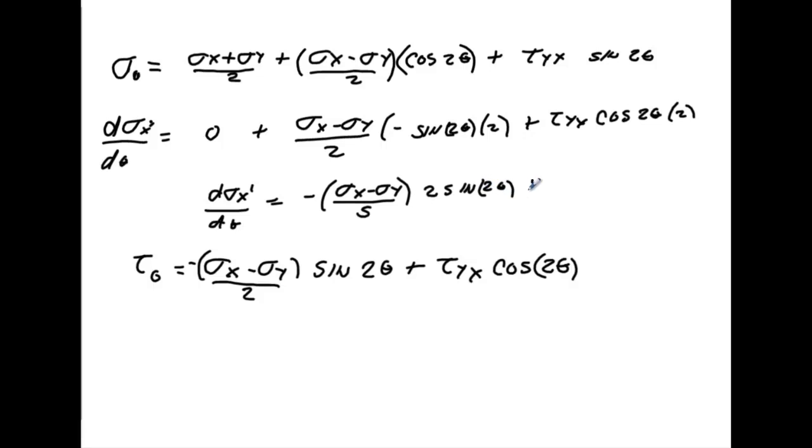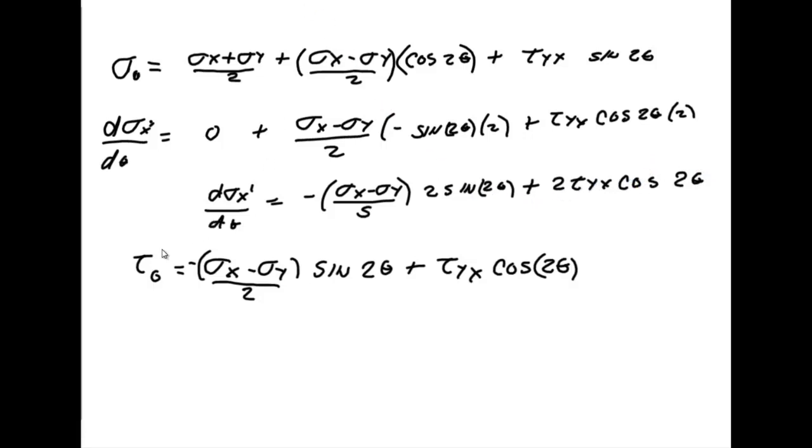And then we can say plus 2 times the shear stress times the cosine of 2 theta. Alright. So now if we solve this equation, we can determine what the angle is going to be.